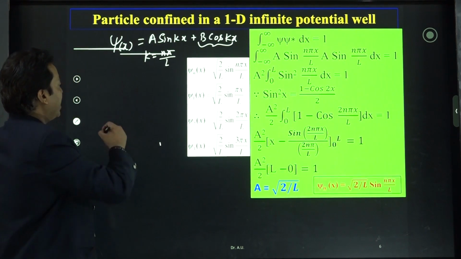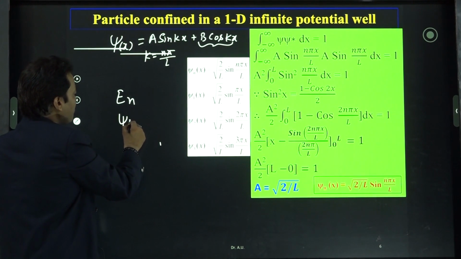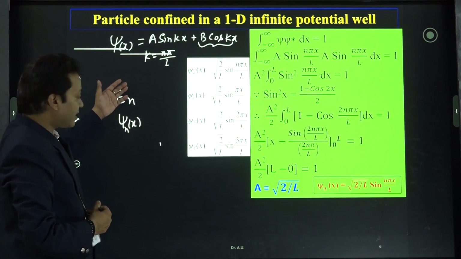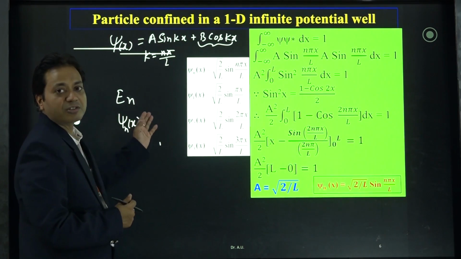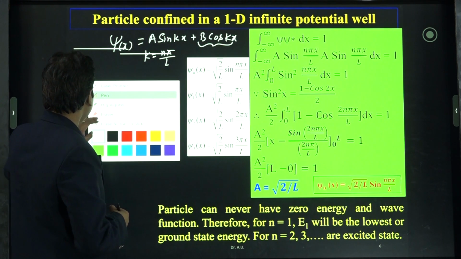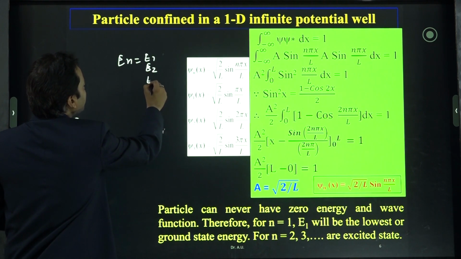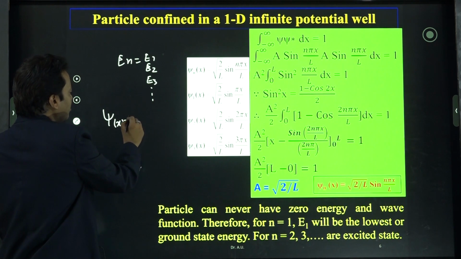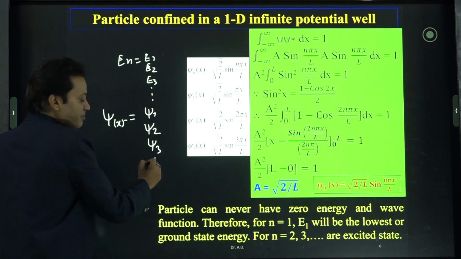As we have the energy also different, En, E1, E2, E3 energies are there, similarly we have different wave functions, psi 1, psi 2, psi 3.